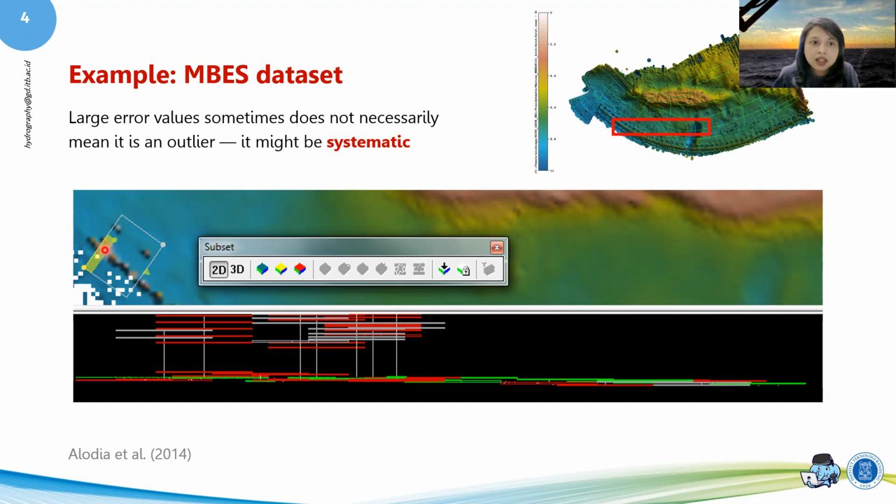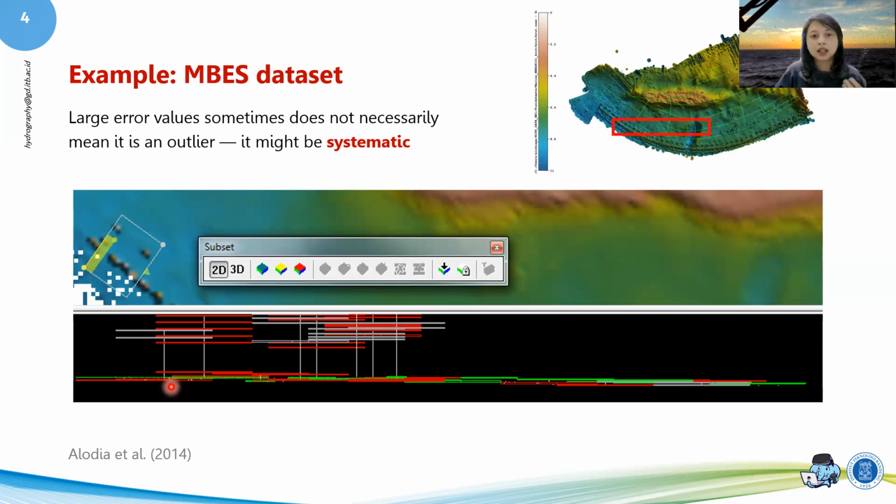So what are these? If we focus on them one by one, they actually have several hypotheses of where they are. This is one of the algorithms done by CARIS, for example, and I think every single bathymetric processing software has its own way of noticing which one is right or which one is wrong.